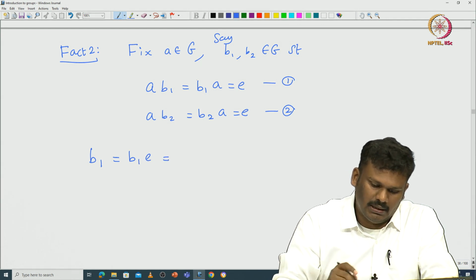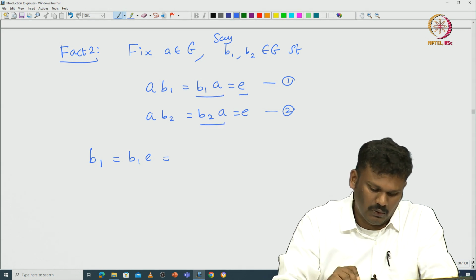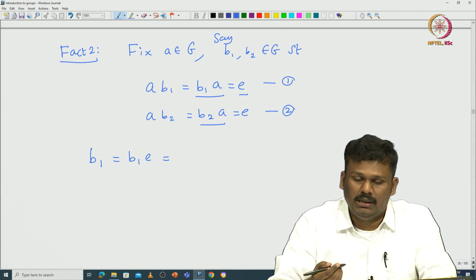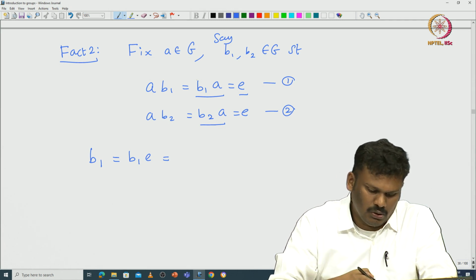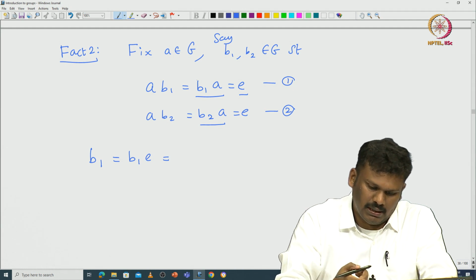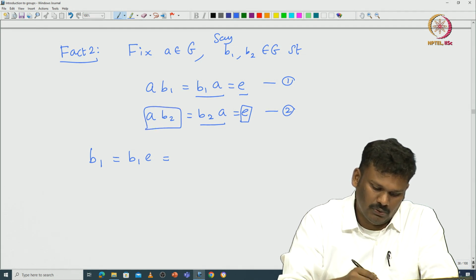The identity is the same as A B2. Basically you start with B1 and then say that B1 is the same as B2 by introducing these new elements in between. So let us try doing that. So for example, what I can do is substitute instead of identity this A B2. Okay. Then B1 identity becomes B1 A B2.